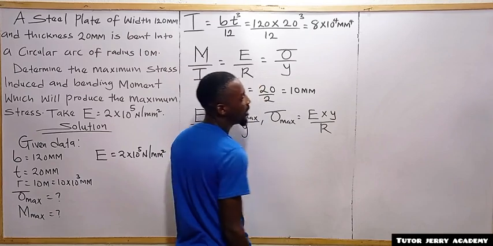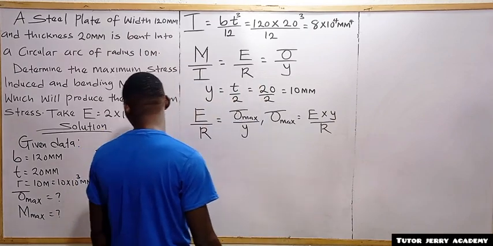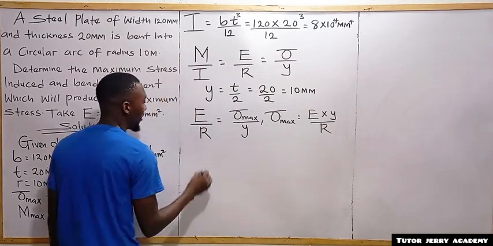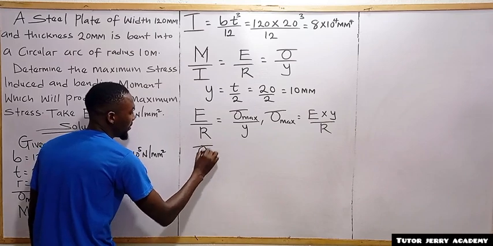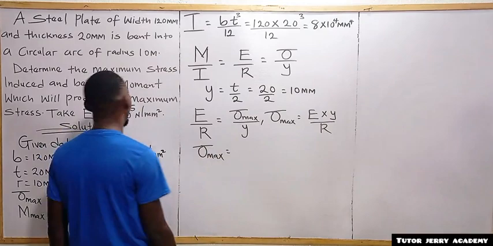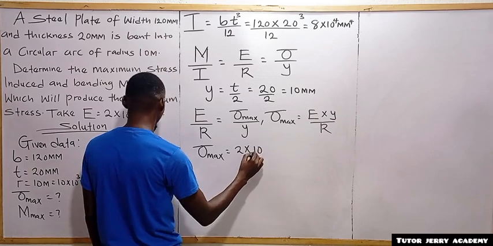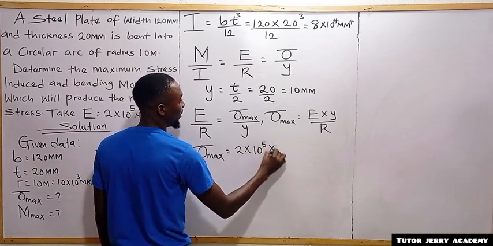If we do this, our maximum stress is equal to our Young modulus, which is 2 times 10 to the power of 5, then times y.